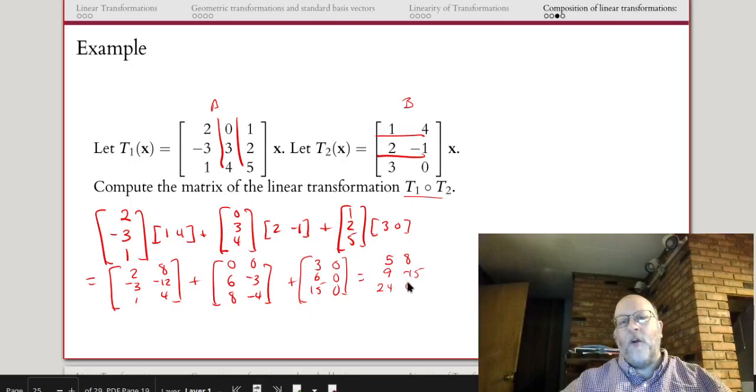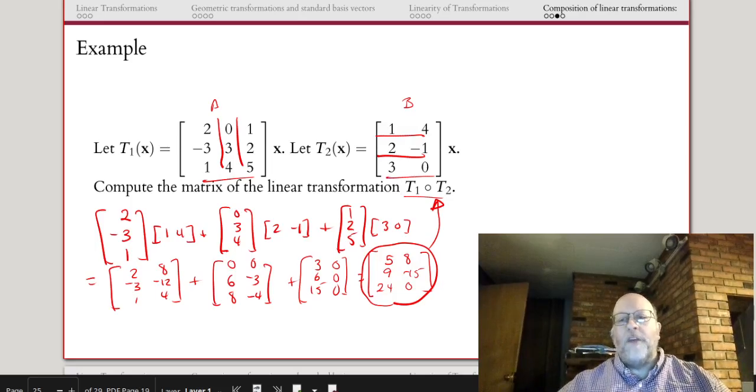And then we add 0 and we still have 0. And so this matrix is the matrix that generates this combined transformation T1 and T2. We're just taking the matrix for T1 and the matrix for T2, and we combine them using the column row rule.